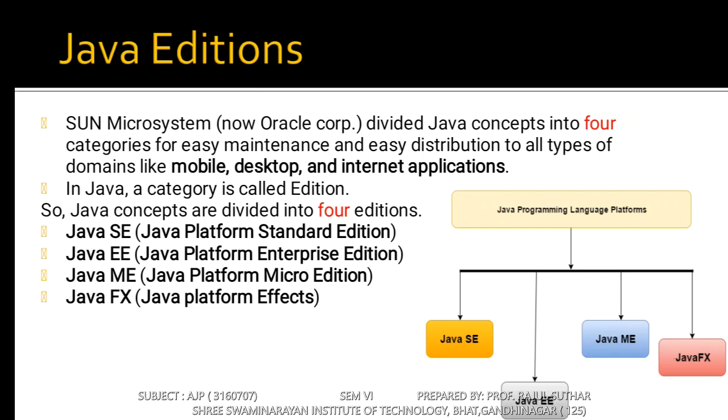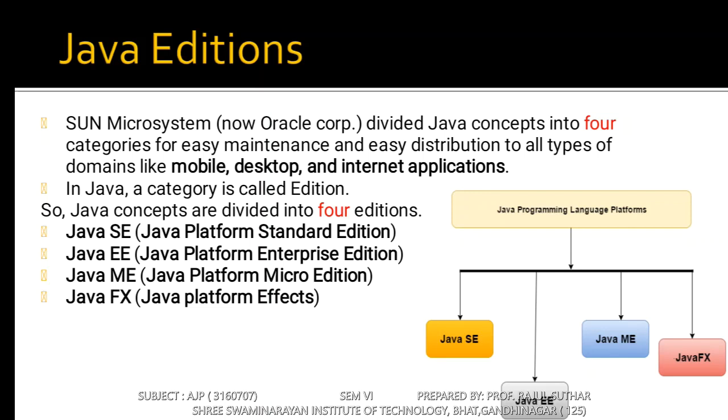These 4 categories are called the editions. So why do we need to divide it into 4 categories? For easy maintenance and easy distribution to all types of domains like mobile, desktop and internet applications.